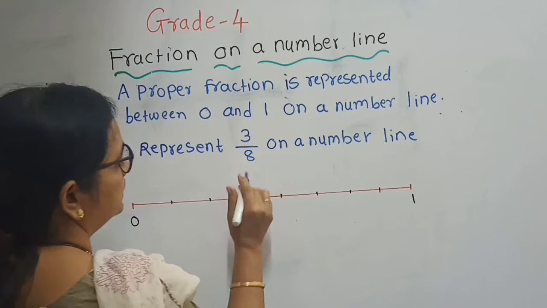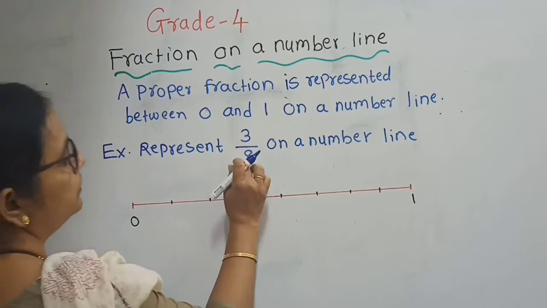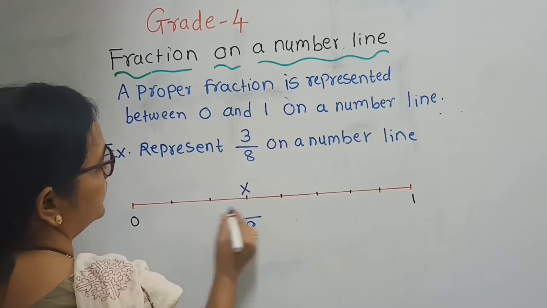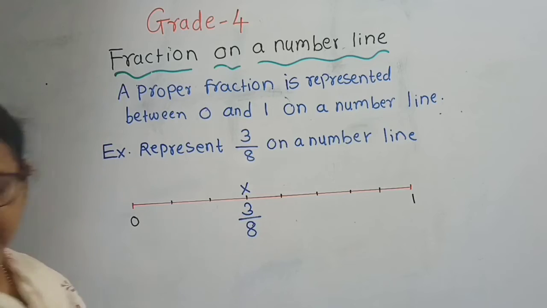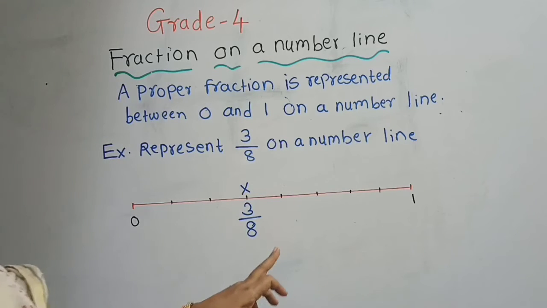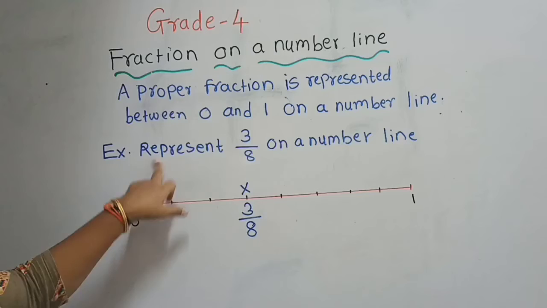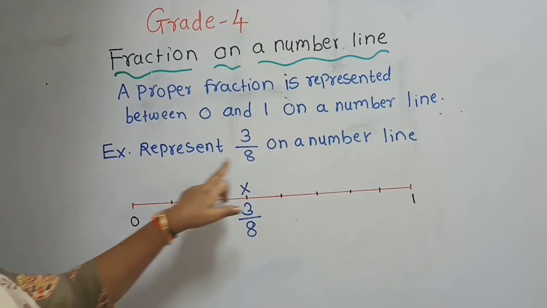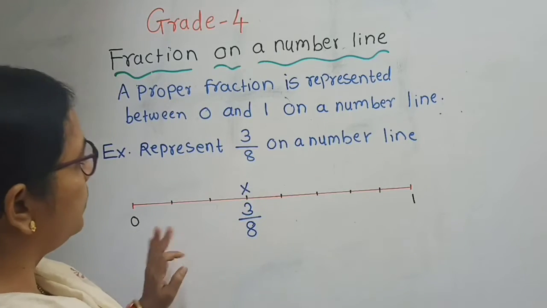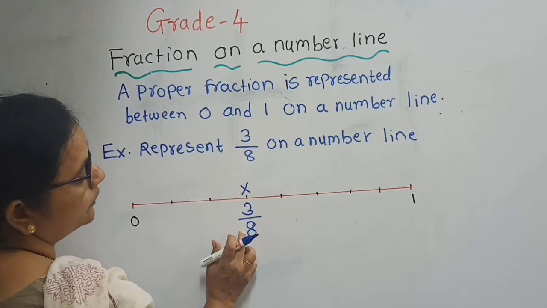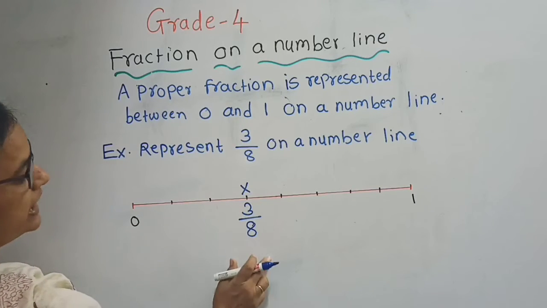The denominator is 8 and the numerator is 3. Yes children, so this is how 3/8 is represented on a number line. Yes, this is 3/8 here. Why?